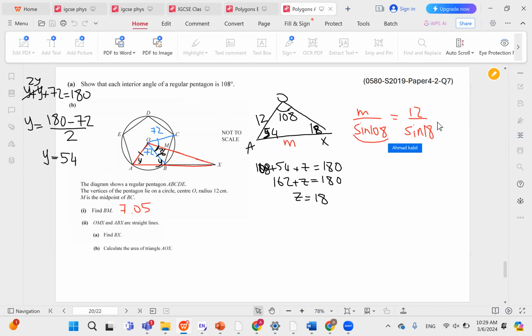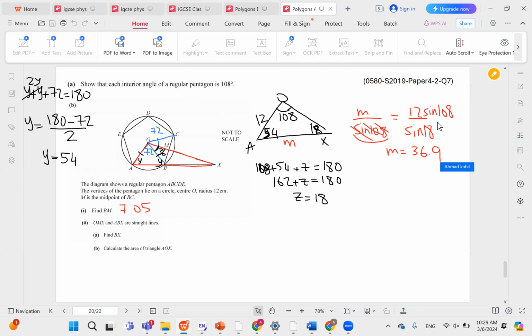And then let's take this to the other side, to the numerator. So it becomes 12 sine 108 over sine 18. So let's try to calculate this. 12 sine 108 equals something, and then you divide that by sine 18, and you get 36.9. So therefore, M equals 36.9.